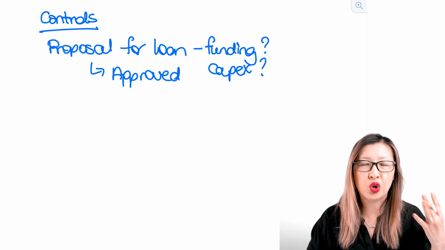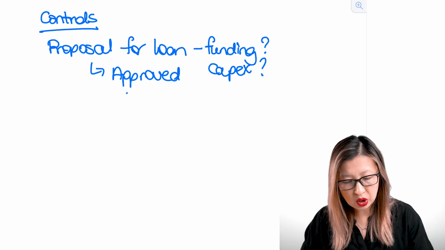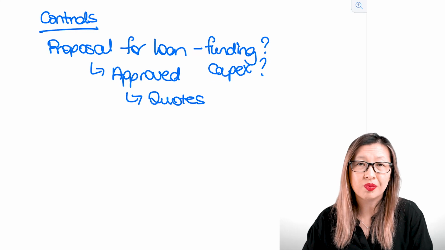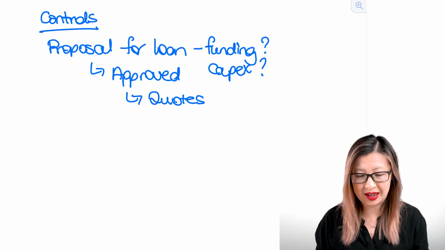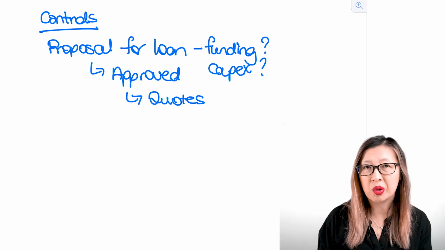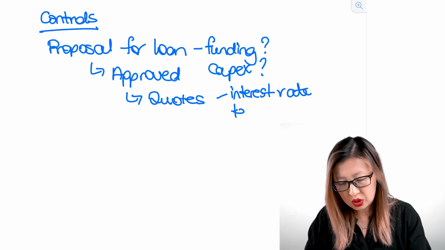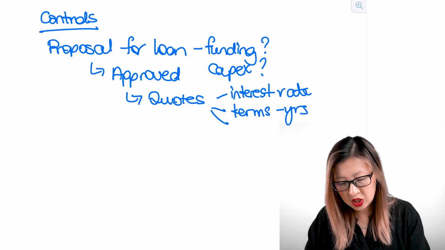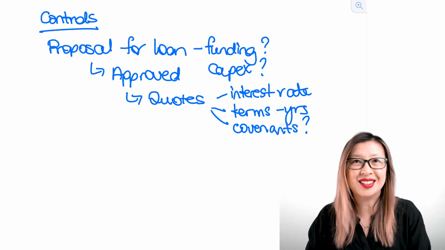Or at least the first part of it: you need money, so let's approve going to get usually some quotes for the loan. You're not just going to go to potentially one lender, you might go to a number of different lenders and find out, this is how much I want to borrow, what is going to be the interest rate, what are going to be the terms, so how many years, and potentially, and really important to us, are there going to be any debt covenants?